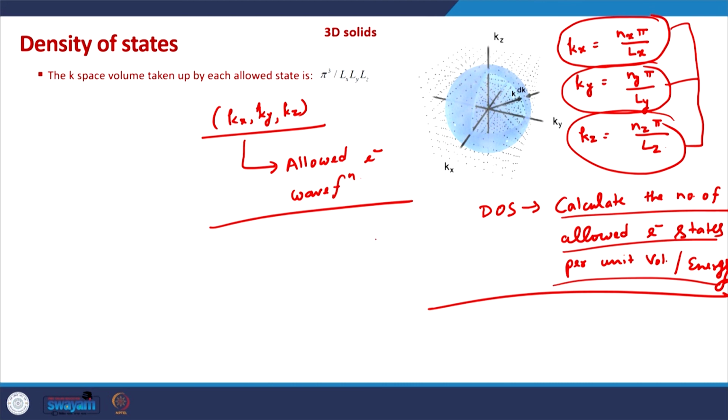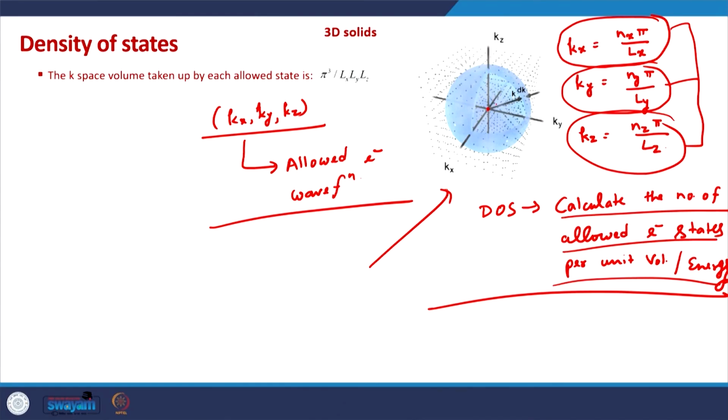That is why we move to the k plane. K plane means now we plot kx, ky, kz axis, and we plot the allowed k points on kx, ky and kz axis. And here, as you can see from this plot, all these points are the allowed electronic states.